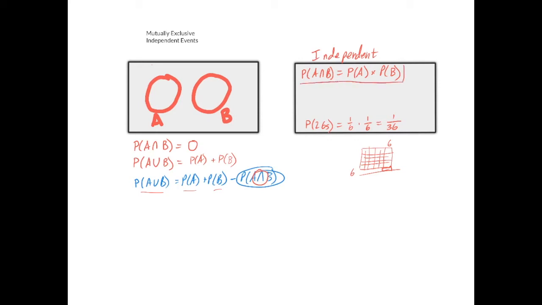Now, something else that follows if two events are independent, then it means that the probability of A is equal to the probability of A given B, right? Now, that should make sense for something that's independent, right? For something that's independent, it shouldn't matter whether B happens or not.